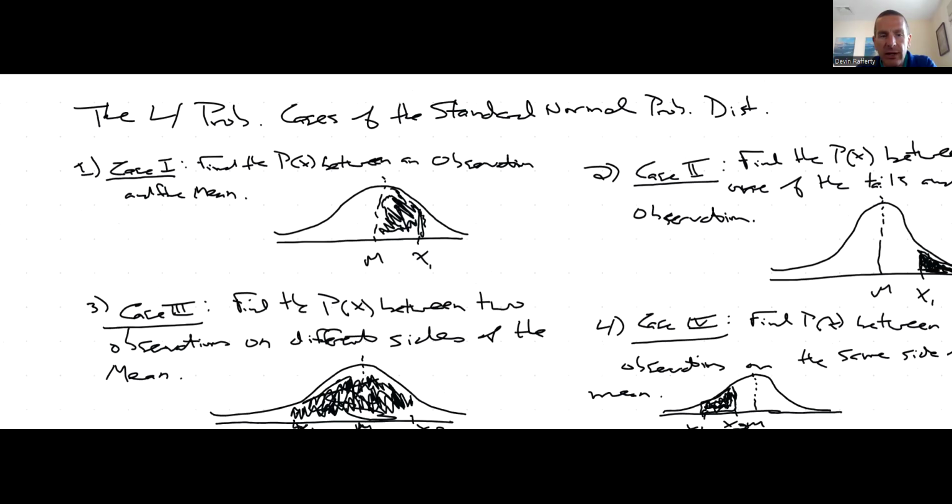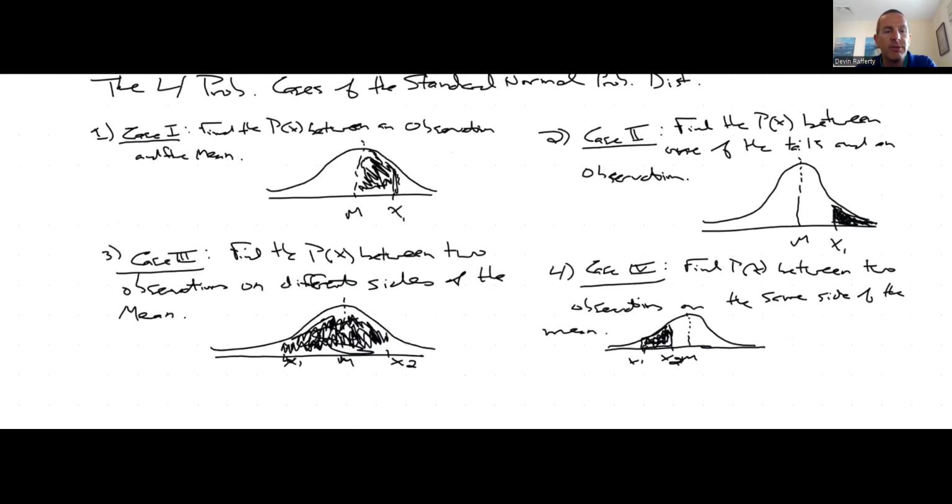Let me scroll down. We can calculate the probability between an observation that's on one side of the mean and an observation that's on a different side of the mean. Or finally, we can calculate the probability, the area between an observation that's on one side of the mean and a second observation that's on the same side of the mean, an interval there. Okay.